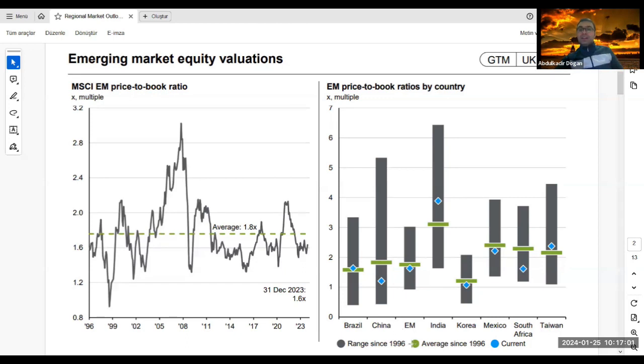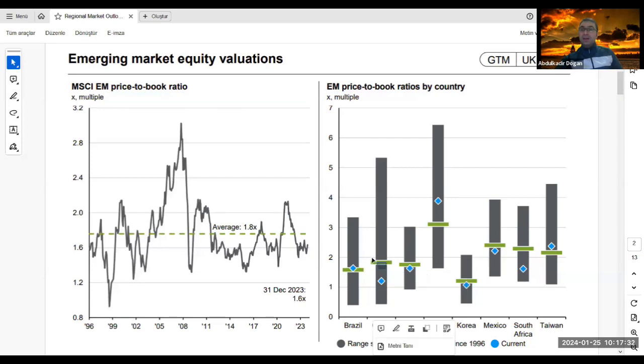And this green line, this green dash, is showing the average line, and the blue line is showing the current ratio. So what should I look at here? I should look at this blue and green line. What is my average and where am I today? For Brazil, the average and the current price are exactly on the same level, so the current price is not cheaper and not expensive.